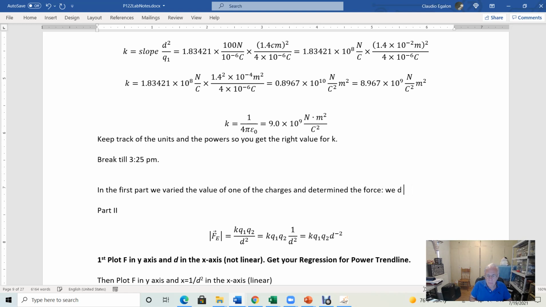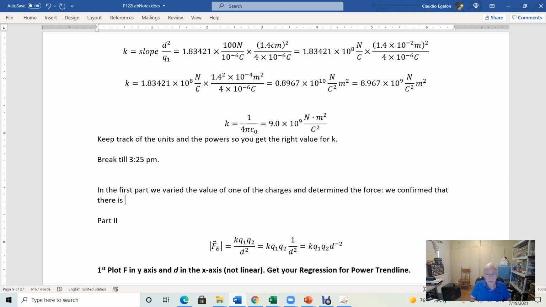We confirmed that there is a linear relationship between them. Okay? Now in this part 2, we are going to vary D.